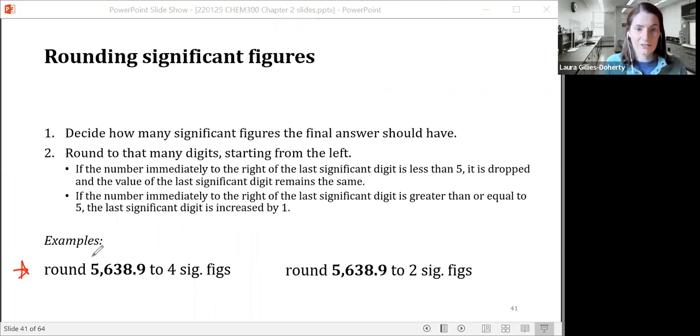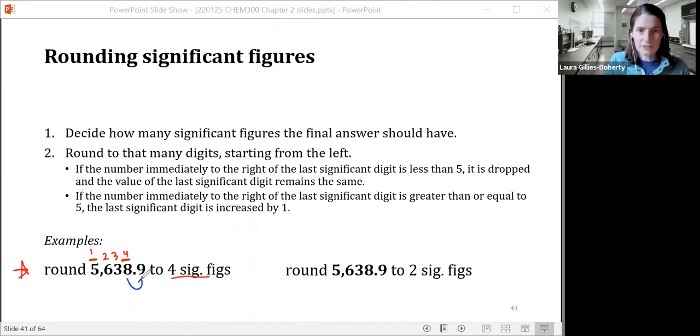So if we wanted to round 5,638.9 to 4 sig figs, we start counting at the first sig fig most to the left. That's sig fig number 1. And we want to count out 4 sig figs. So here's 1, 2, 3, 4. So we want this to be our last sig fig. And so we have to determine if we need to round this 8 up to a 9 or if it should stay an 8. And so to do that, we look to the digit to the right of it.